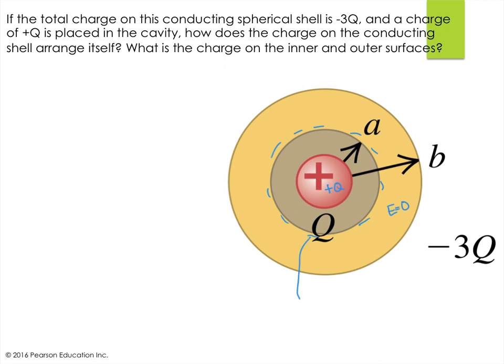So the negative charge that's placed on this surface is minus Q. And then, because the total charge that the conductor had was minus 3Q, we've put minus Q on the inside. So the remaining negative charge has to go on the surface, which would be minus 2Q. And so that's what we make. So when you look at then the inner surface plus the outer surface, these things add up to be minus 3Q. So it all works out.